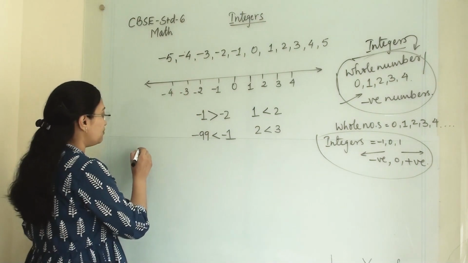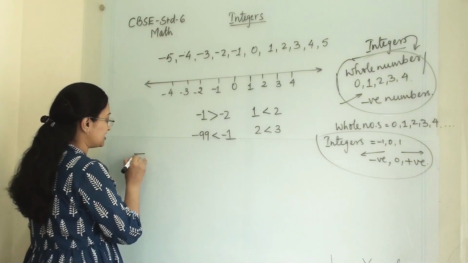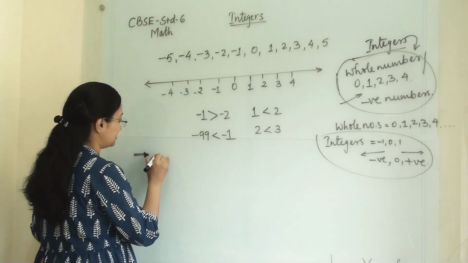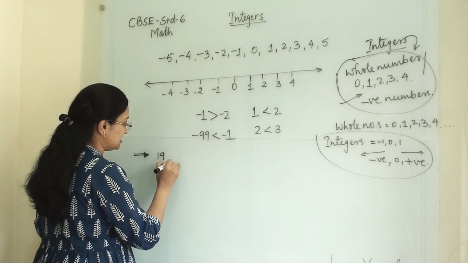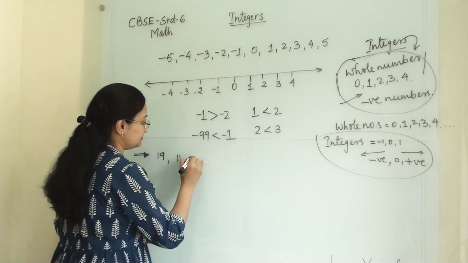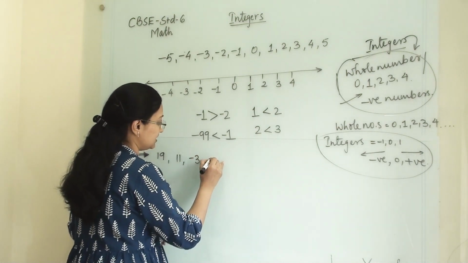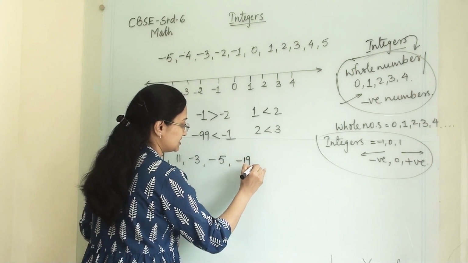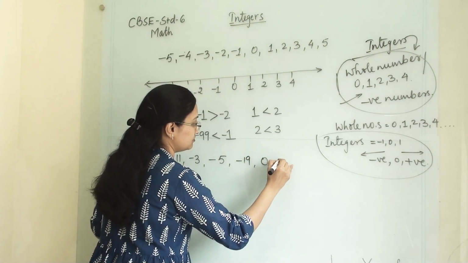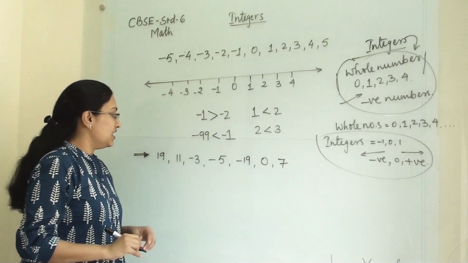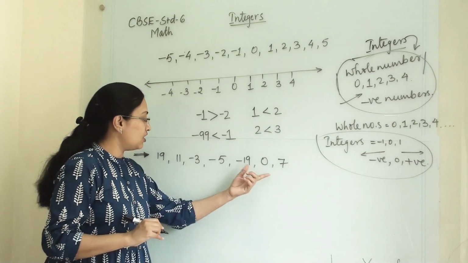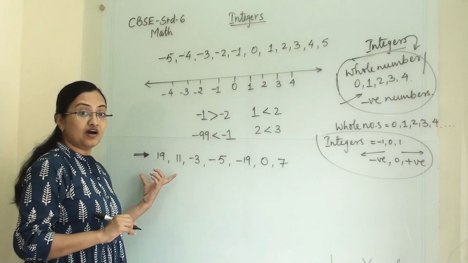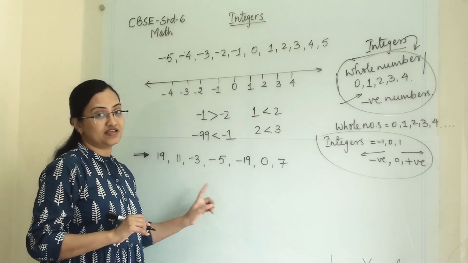So if we want to write the following set of numbers in ascending order, for example these numbers 19, 11, -3, -5, -19, 0 and 7, we want to arrange these numbers in ascending order.